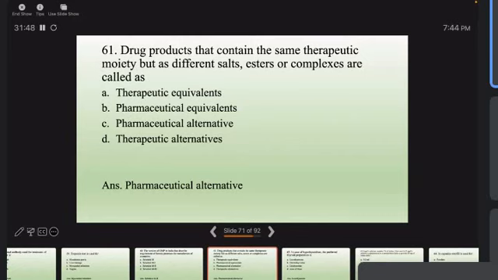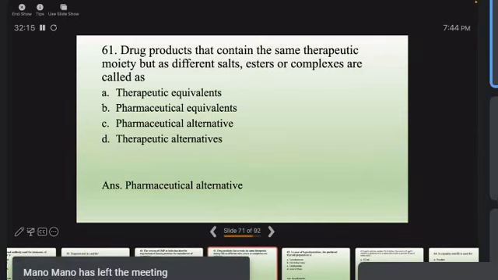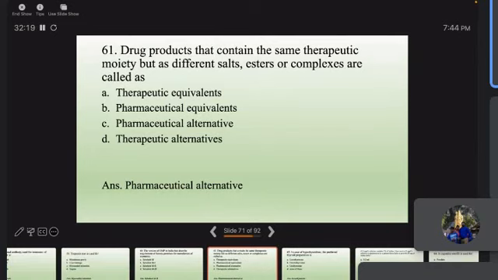Pharmaceutical equivalent is when drug products have an identical dosage form or route of administration, or contain an identical active ingredient. In case of pharmaceutical alternative, the ultimate action will be the same, giving you the desired action, but the dosage form or the dose may be different.